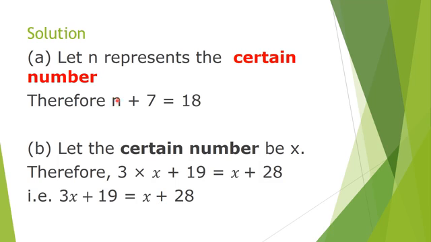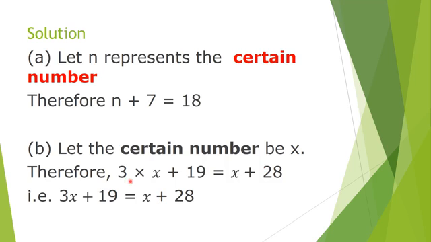A certain number is added to 7. So 7 is added to this certain number, which is n, is equal to 18. That is the answer to the first question. The second one says let the certain number be x. So therefore, the question says 3 multiplied by a certain number plus 19 is equal to that number plus 28.